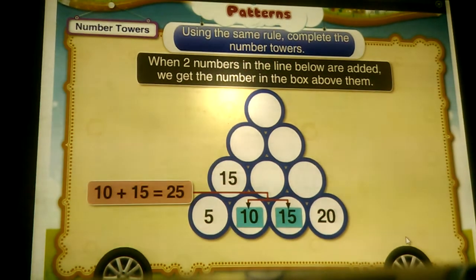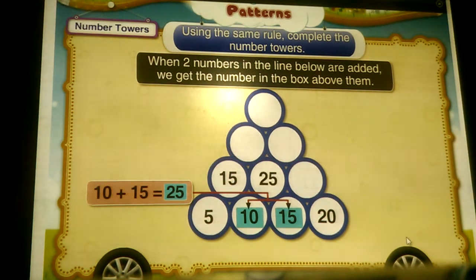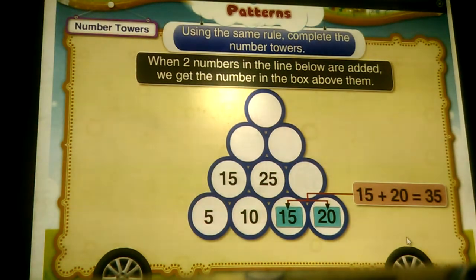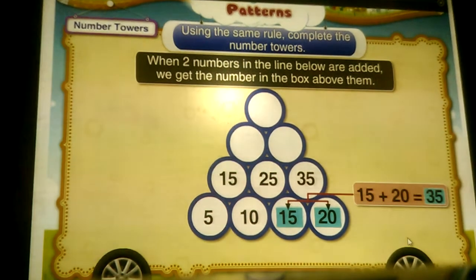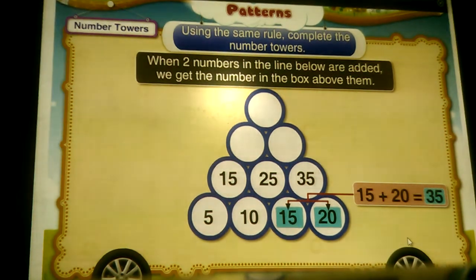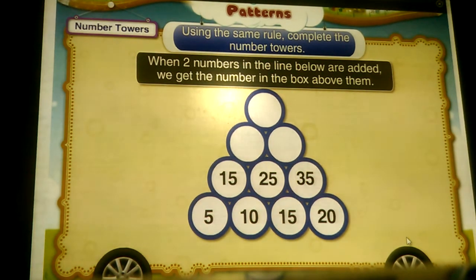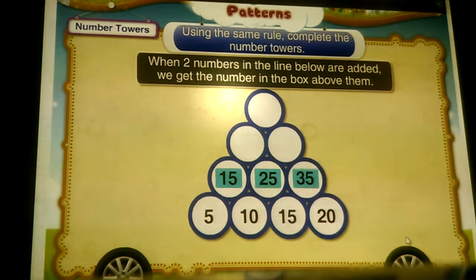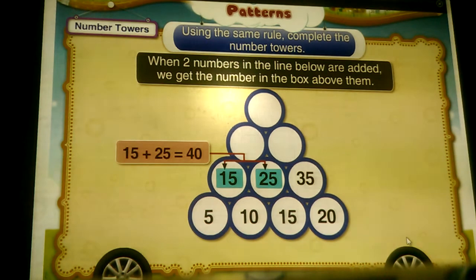10 plus 15 is equal to 25, which will be written in the box above these numbers. 15 plus 20 is equal to 35, which will be written above 15 and 20. Now we have 15, 25 and 35. 15 plus 25 is equal to 40.